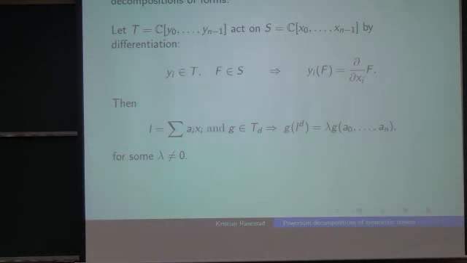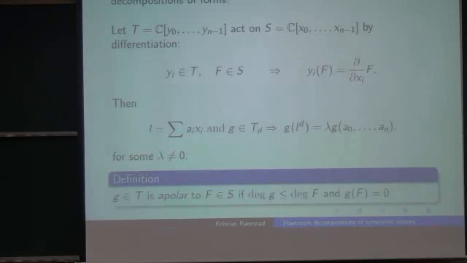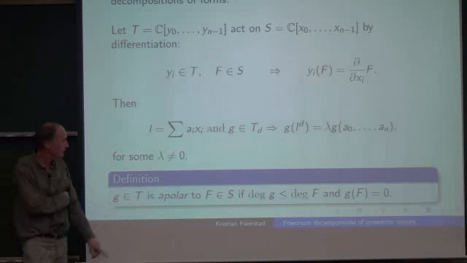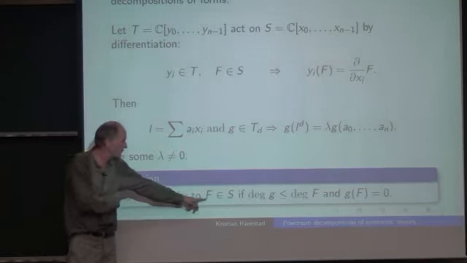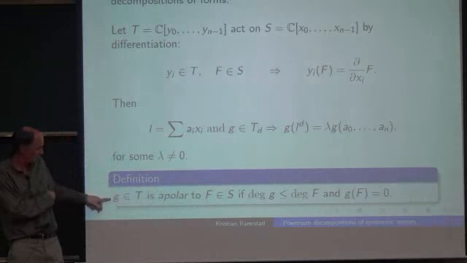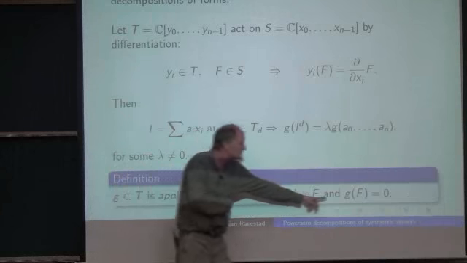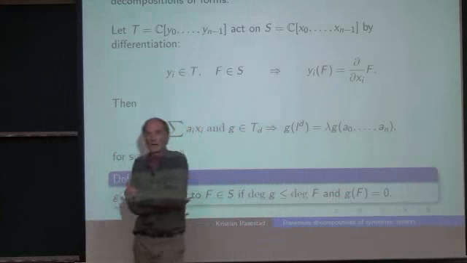Okay, and so we say that a differential operator g in T is apolar to f if it has degree less than or equal to the degree of f and still kills it, annihilates it.